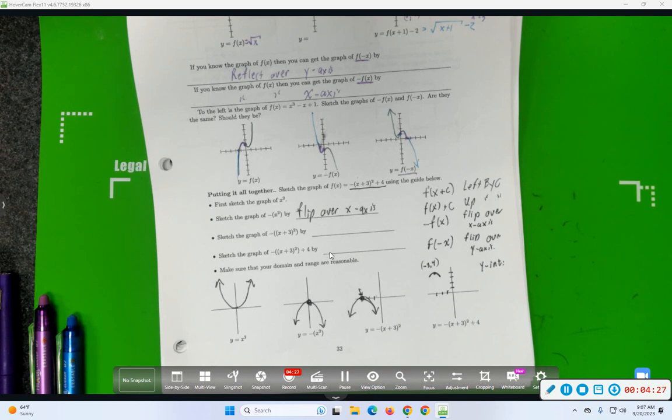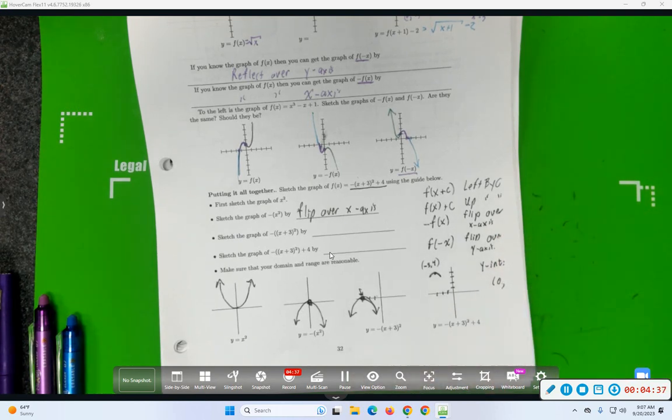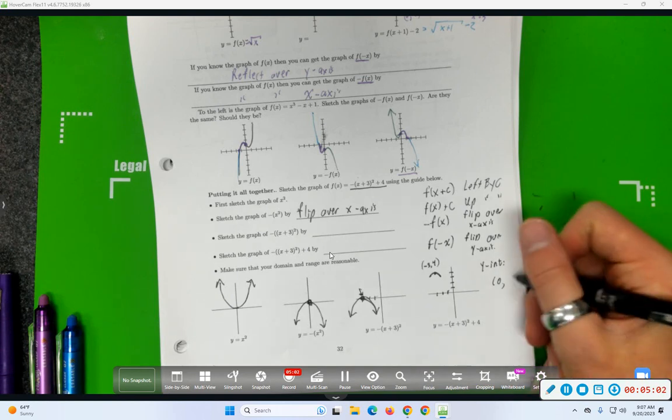Tell me, what is the y value of the y-intercept of this graph? What'd you get? -5. Right, so the y-intercept is at 0, -5.